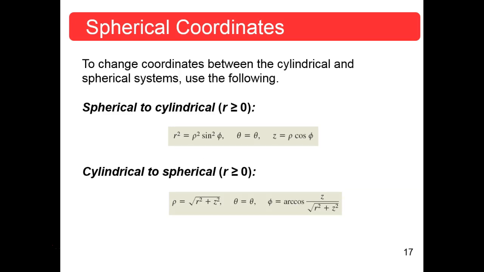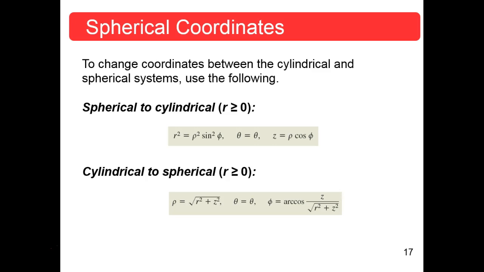Why do they square everything? Let's say r is equal to rho sine phi. Seems like that would make more sense. The theta is the same, and z is equal to rho cosine phi.